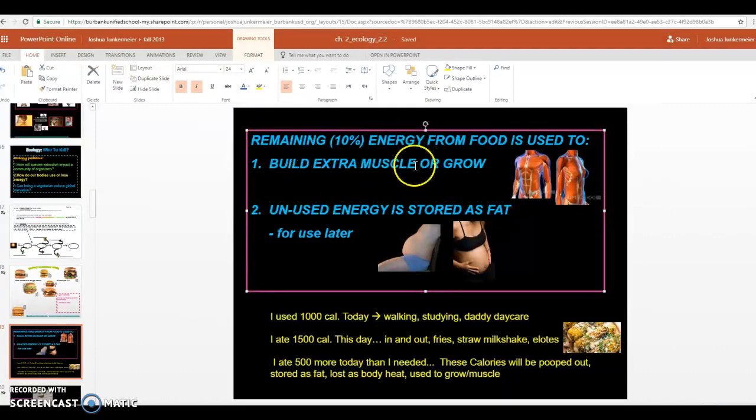Or if you're older, you're not building extra muscle cells. You're probably just making those muscle cells a little larger or repairing them, because as we work out, we damage them and they just need to be repaired. So the food we eat, that 10% of that energy can be used to repair those muscle cells. Or if you're young enough, you might still be growing, so that 10% can be used to help you grow into a larger person.